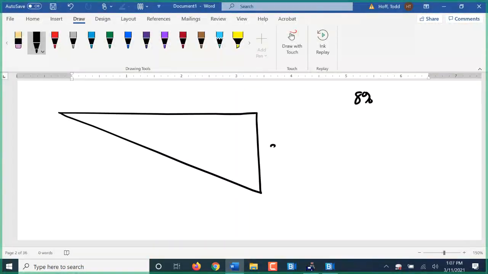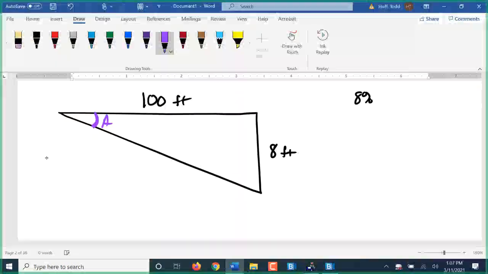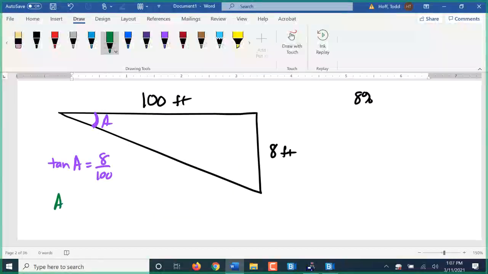8% would be 8 feet of rise for every 100 feet of run. So this angle here, call it angle A, the tangent of angle A would equal 8 over 100, which means angle A would be the inverse tangent of 8 divided by 100.